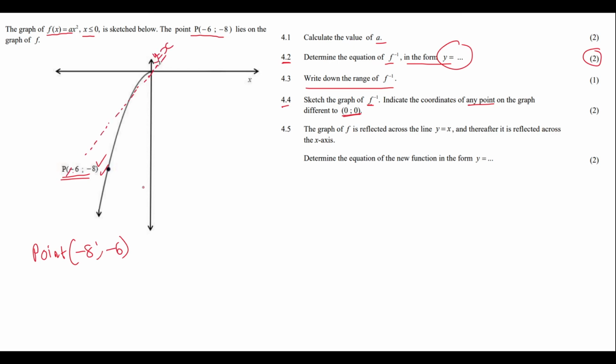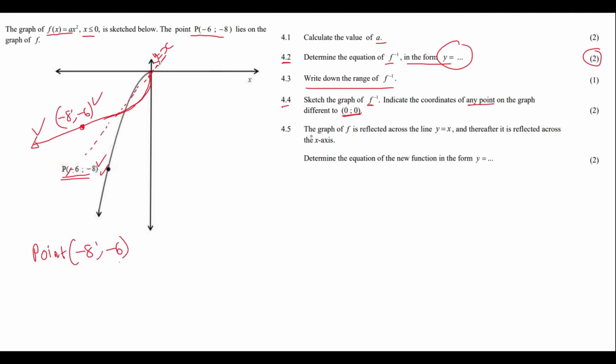And then we have a point -8, -6, so it could be somewhere there. And then you sketch your graph, which is like this.